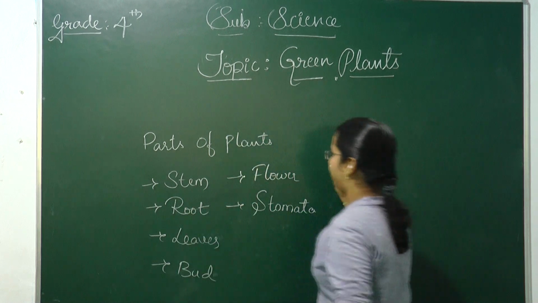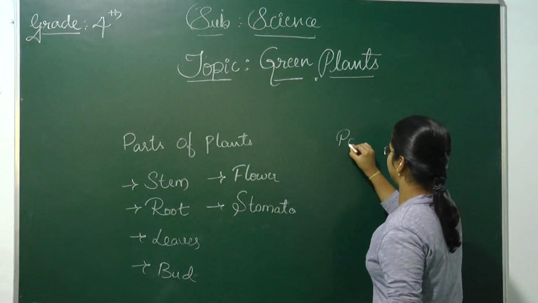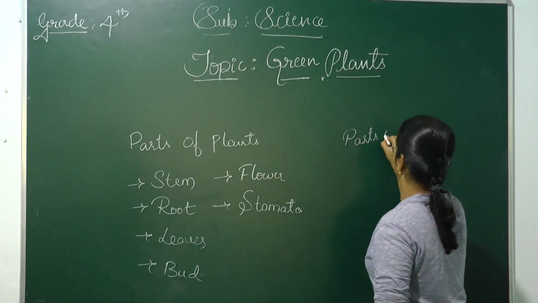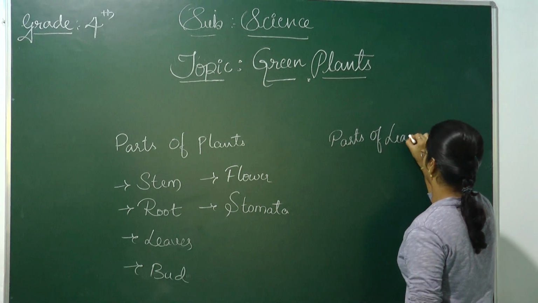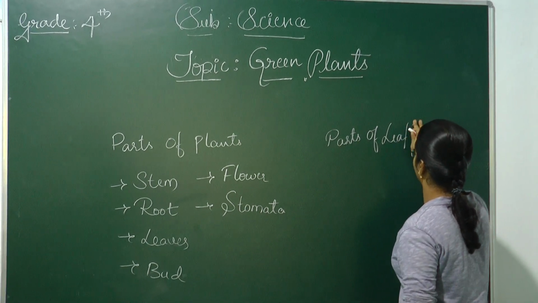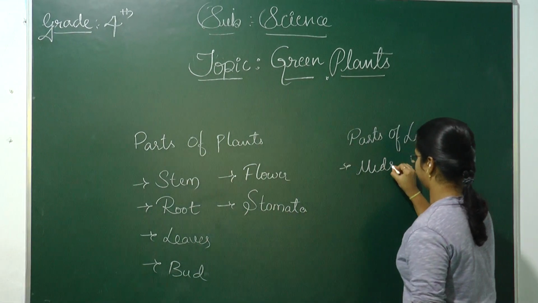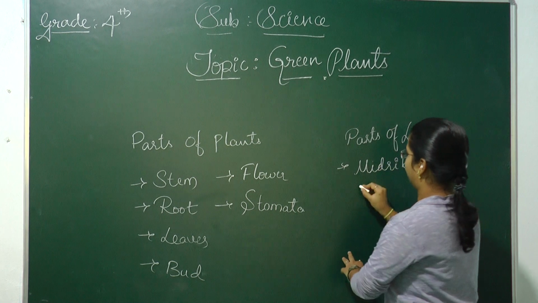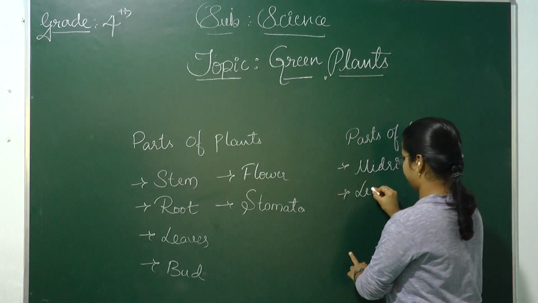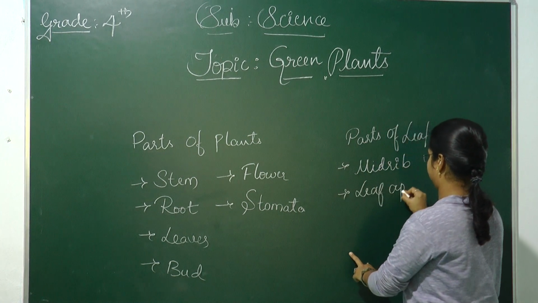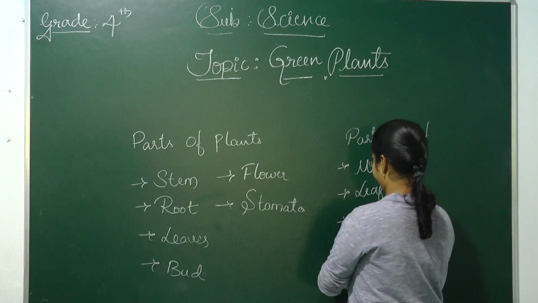And we have also discussed the parts of the leaves, like midrib, leaf apex, leaf blade, and veins.